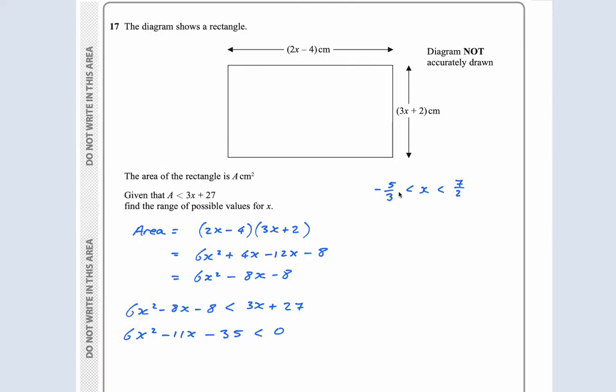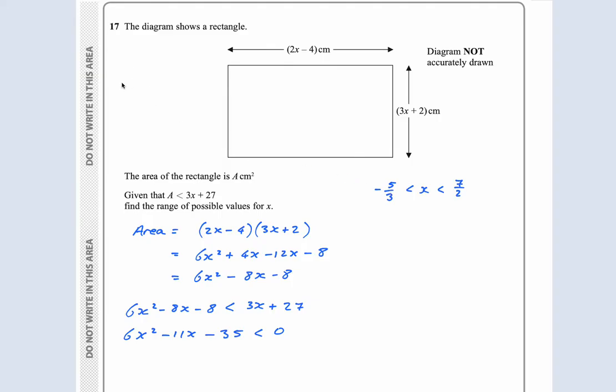Okay, now I'm just going to leave that there. That's not the final answer, but let's just leave that there for the time being. To get that, you have to solve this quadratic, or you need to factorize it. Okay, so that's the working you need to show. Now you can work backwards from these solutions if you want.